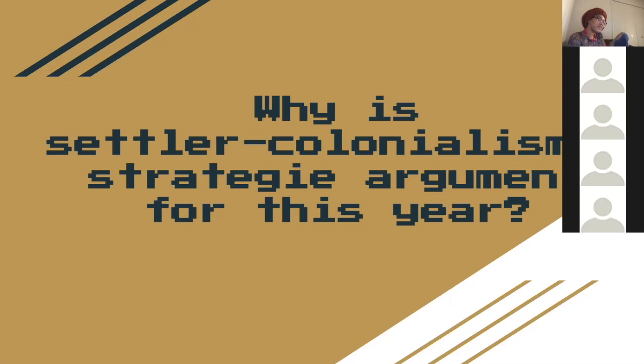That we cannot resolve the issue until we actually talk about settler colonialism, because it was so horrible when it happened, but because we've all adjusted to living here, and we live here, we haven't thought about it.